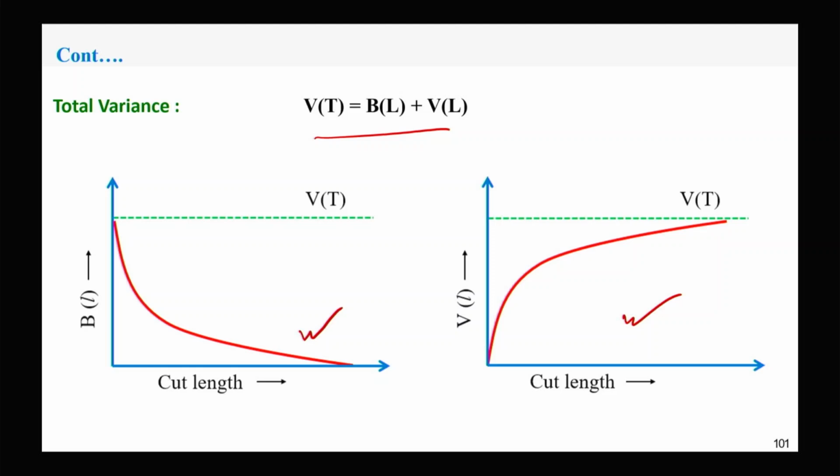And if we plot the x-axis cut length in log scale, log of cut length, then the typical BL curve will be a straight line for an ideal yarn, and for a defective yarn the BL curve will deviate a little bit at the point where the particular periodicity is there, okay?